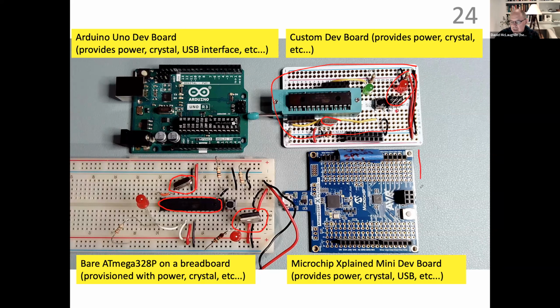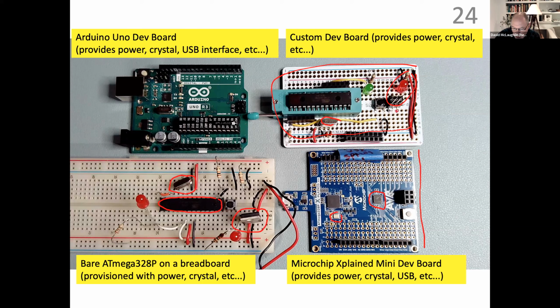Now, commercially, there's a development board called the Microchip Xplained Mini. This is the board we used in this class last year. This is the chip. It has one of these quad surface mount chips instead of the DIP chip. But it also has other things on it, like a clock.